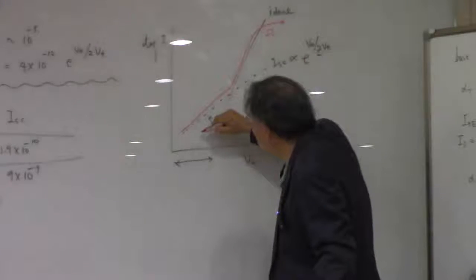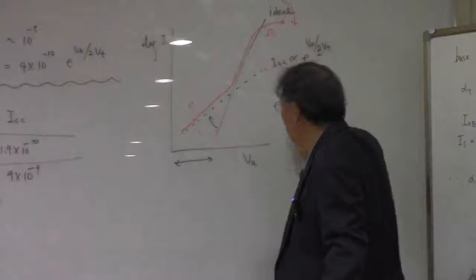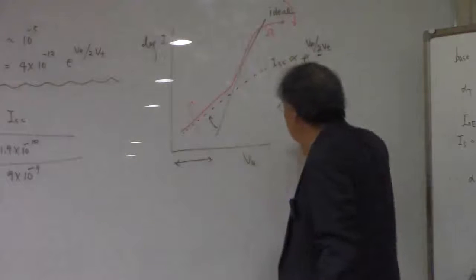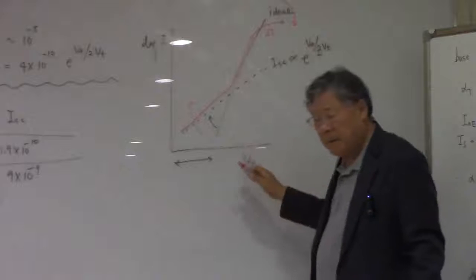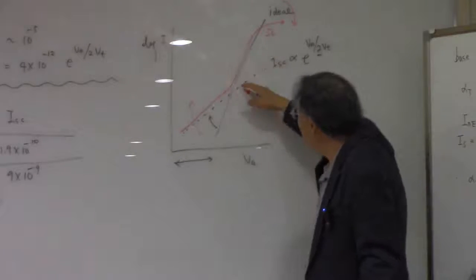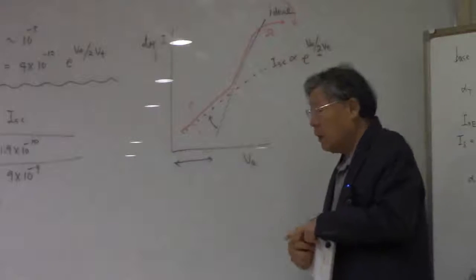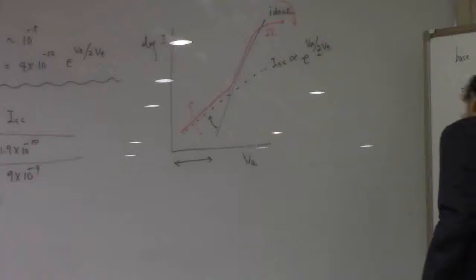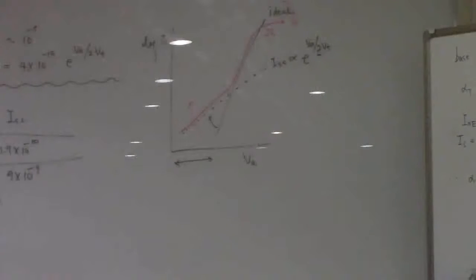So we have an increase here, and then a decrease at the high voltages, low voltages and high voltages, and in a wide range of emitter-base voltage, it just follows the ideal exponential curve. So that's what we can summarize on the base current of bipolar transistors, okay?